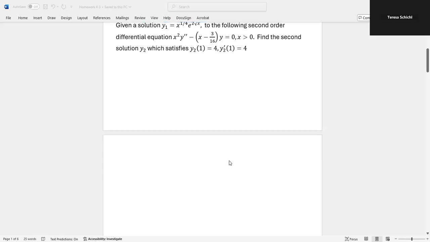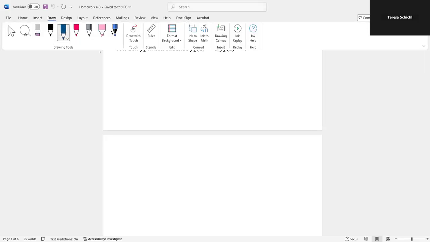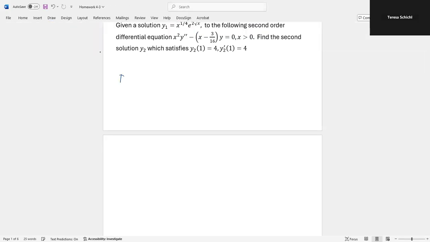For the reduction method, we're going to follow its own steps.